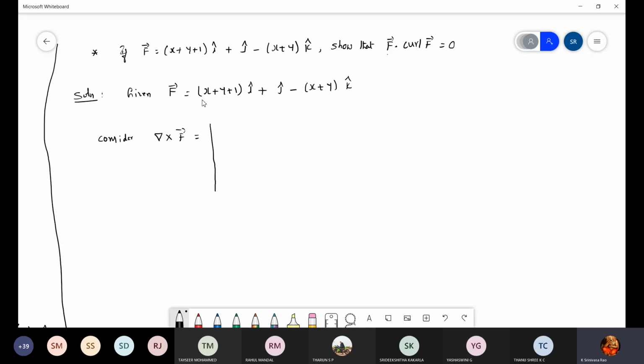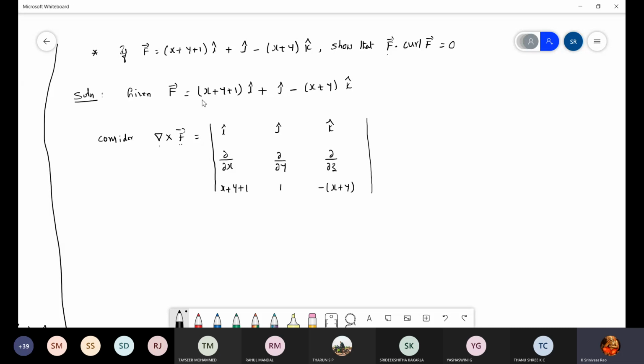Curl f is nothing but a cross product of two vectors, del and f. So it is the determinant with i, j, k, the components of the first vector dou by dou x, dou by dou y, dou by dou z, and the components of f: x plus y plus 1. What is the coefficient of j here? 1. And finally, minus of x plus y, or you can multiply the negative sign and write minus x minus y.